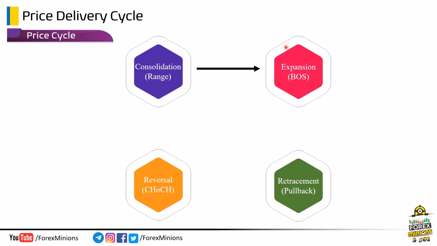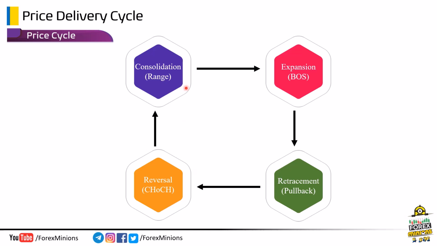After expansion, the market goes through the retracement phase to fill the voids. After retracement, a reversal can occur. And if there is a reversal, the market will go through a consolidation phase again. Now you can understand how these elements actually move in a cyclic form. Price cannot bypass this cycle.